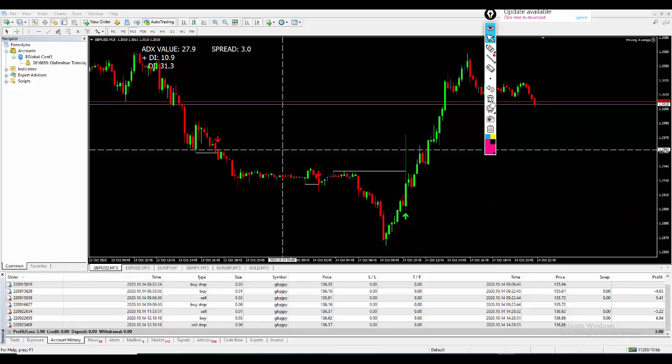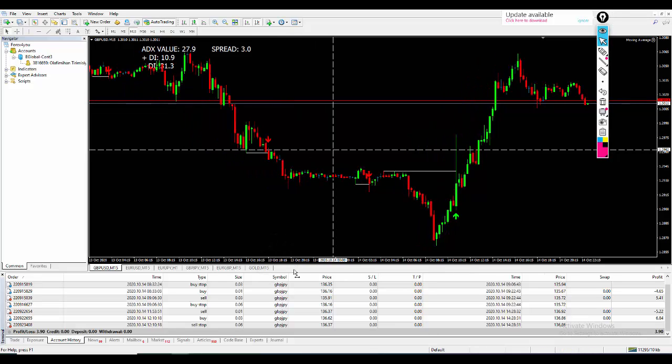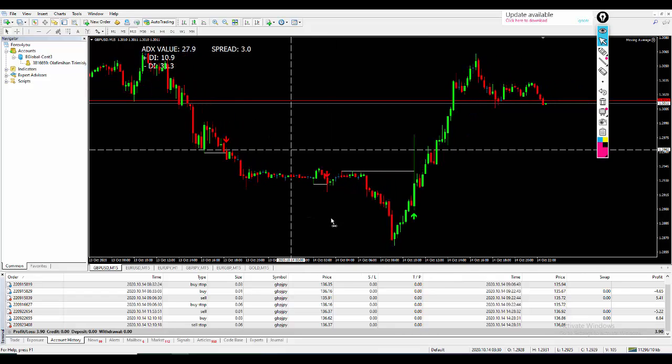Now, if you look carefully at pounds USD, today's market started here, which is midnight, as usual, and my first trade was supposed to be here, because you can see these are the first signals for the day.